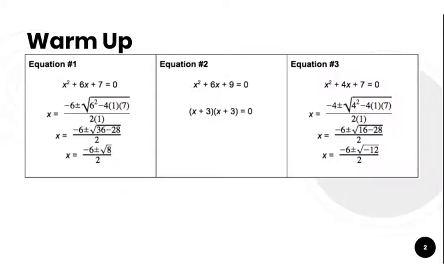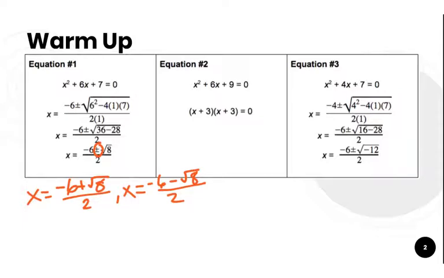All right, so in equation 1, remember that this plus minus means that I can have x equals -6 plus square root 8 divided by 2, and x equals -6 minus square root 8 divided by 2. And I'm actually just going to use my calculator to do square root of 8.